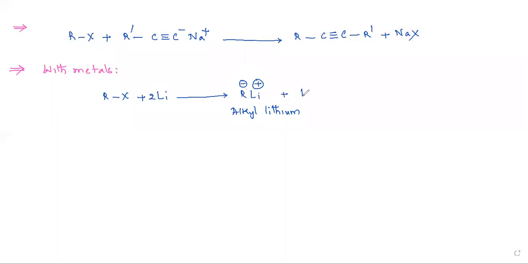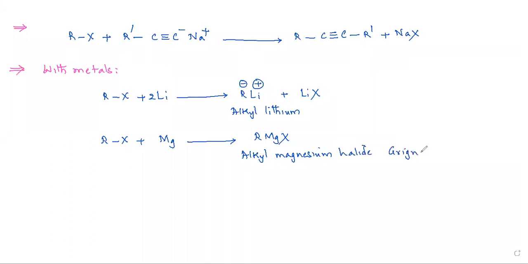Along with this, lithium halide. Similarly, with magnesium metal, well known, we get alkyl magnesium halide. Grignard reagents.